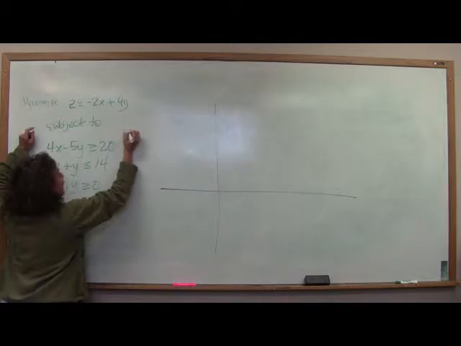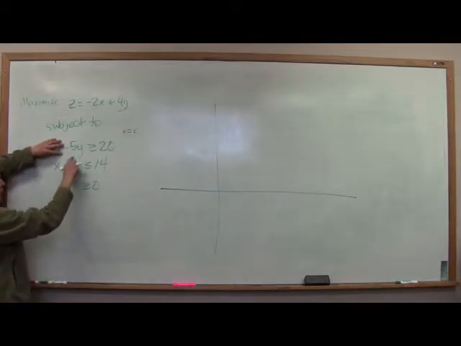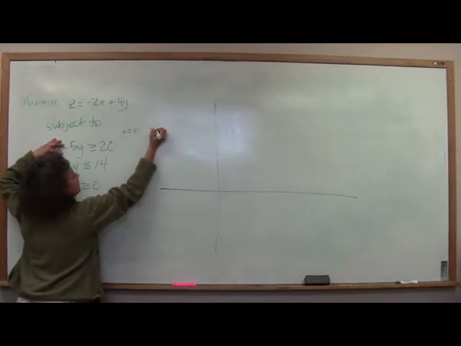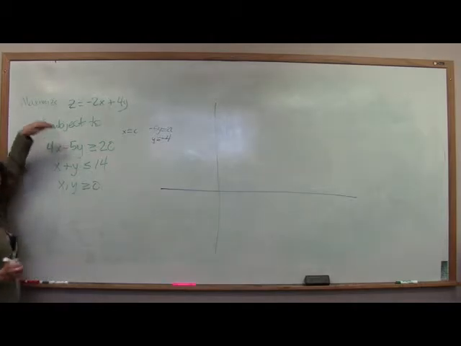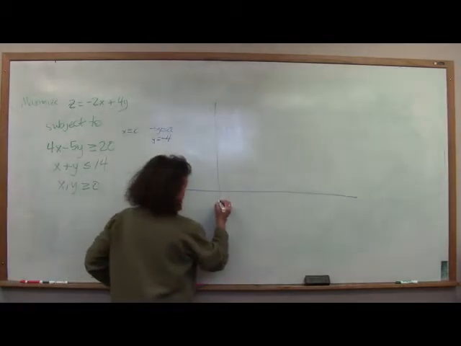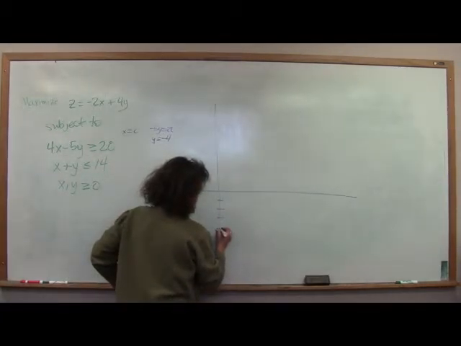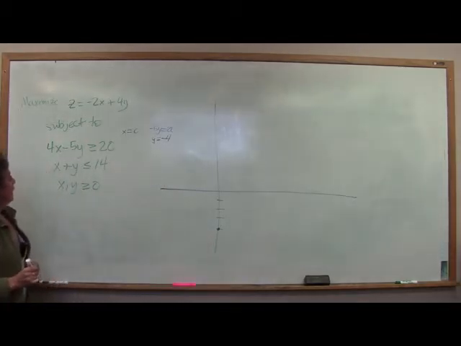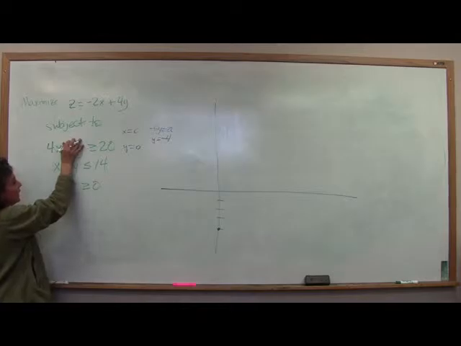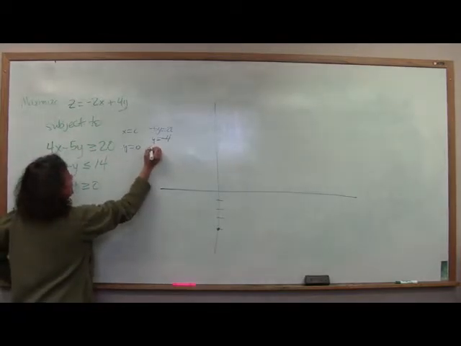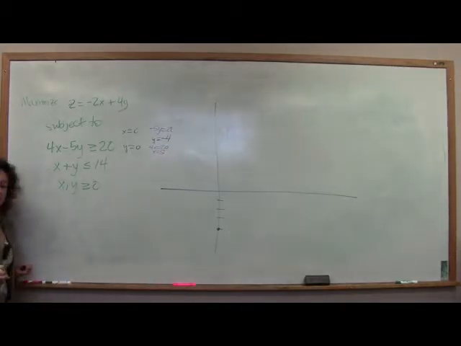If I set x equal to 0 here, would you agree I'm solving negative 5y is 20, and therefore y is negative 4? So I'm at negative 4. And if I set y equal to 0, that gets rid of this term. I'm solving for x is 20, so then x is equal to 5.